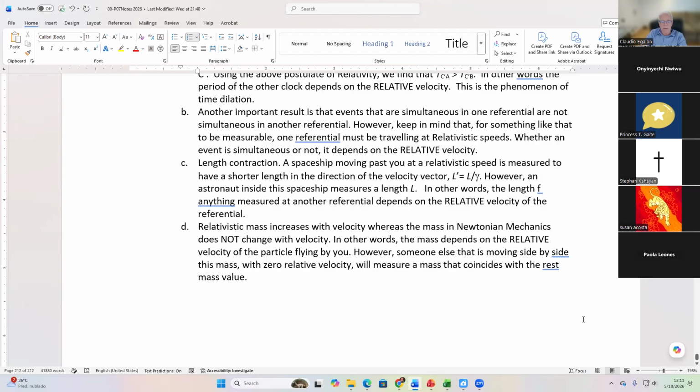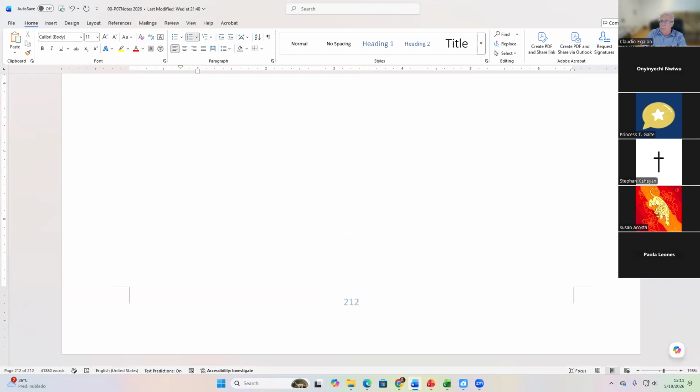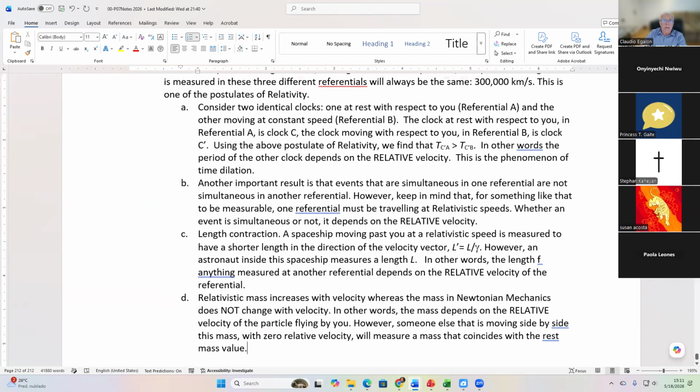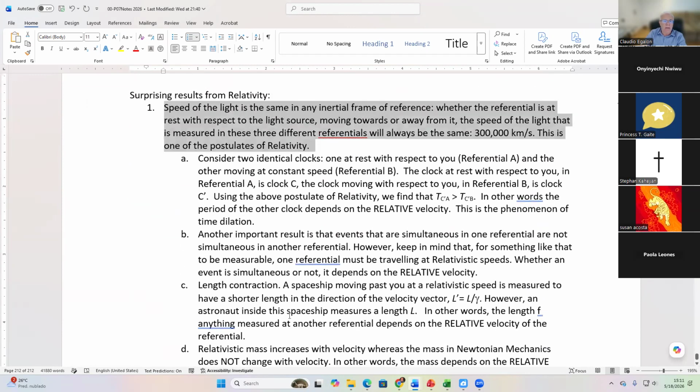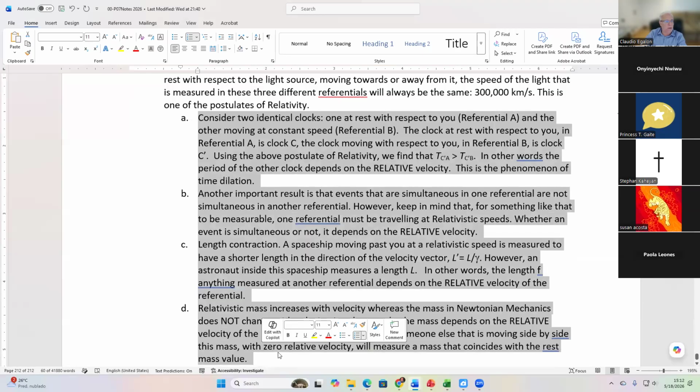Five different surprising results. The very first surprising result is one of Einstein's postulates, and everything else that follows here depends on that Einstein postulate.